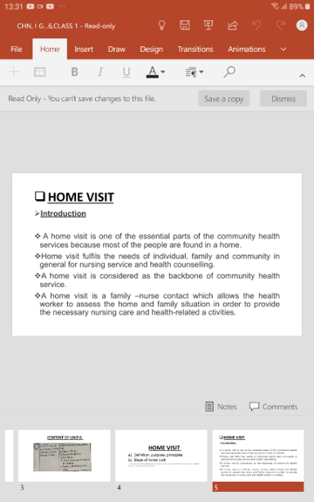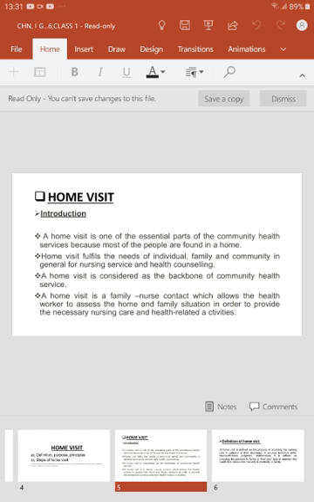Fourth, a home visit is a family or family nurse contact which allows the health worker to assess the home and the family situation in order to provide the necessary nursing care services and related activities. Once the nurse visits a home, there is a relationship built between the family and the nurse.